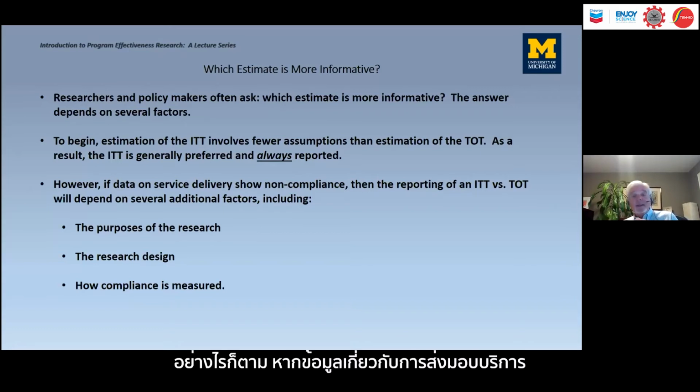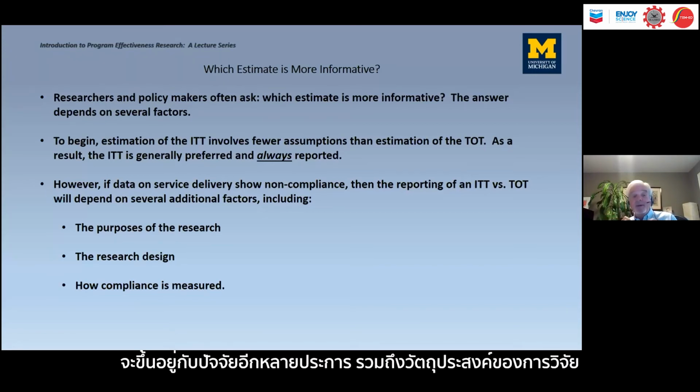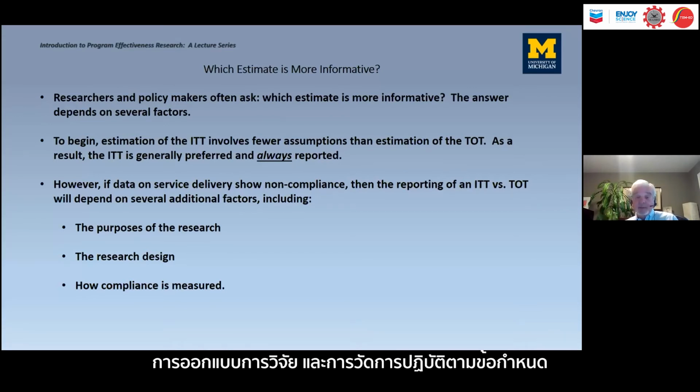However, if the data on service delivery show non-compliance, then the reporting of an ITT versus a TOT will depend on several additional factors, including the purposes of research, the research design, and how compliance was measured.